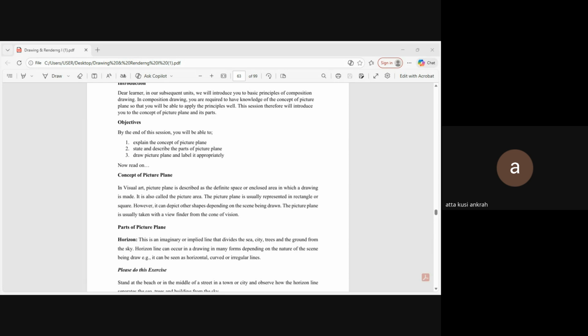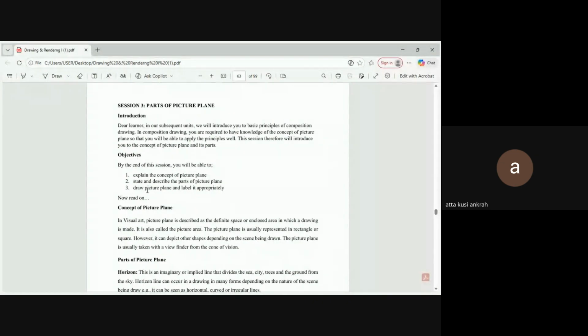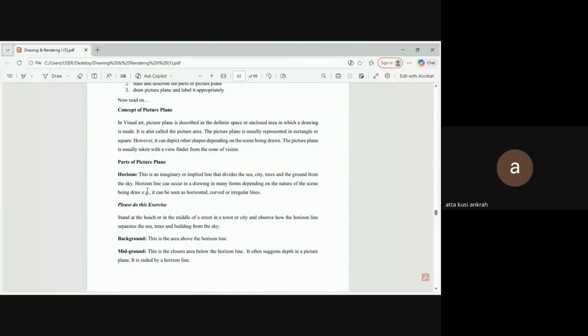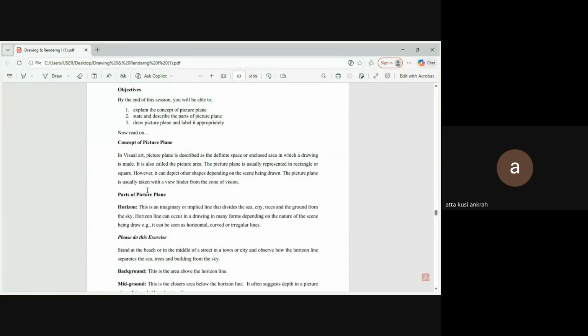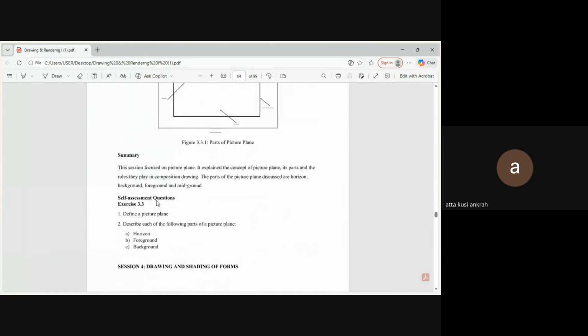What is the picture plane? We'll continue from there, with the parts of the picture plane.